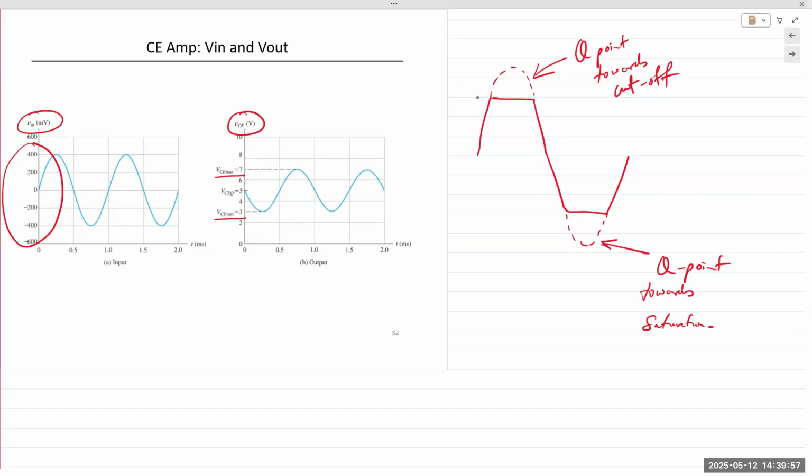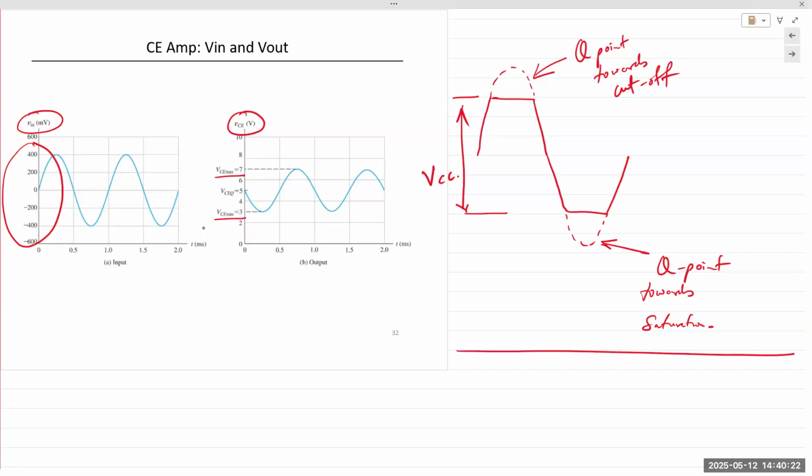If the signal is large enough, then it could exceed the DC supply that is being applied. Instead of your V out being 4 volts peak to peak with a DC biasing, it could exceed 10 volts.